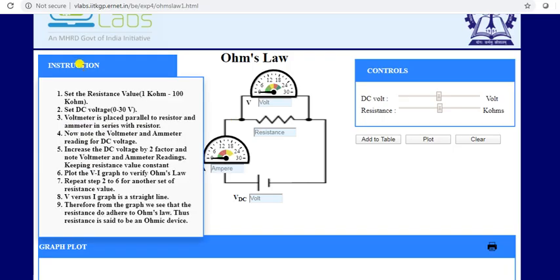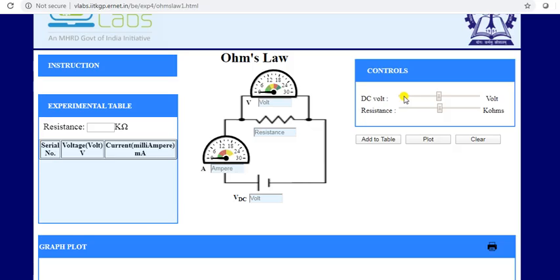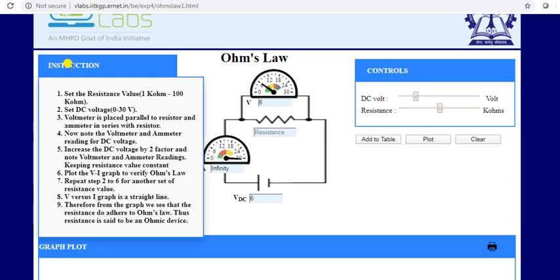Fourth is, now note the voltmeter and ammeter reading for DC voltage. Now we will set the value of DC volt and measure the value of current for a particular value of resistance. Fifth is, change the value of DC voltage and note down the readings of voltmeter and ammeter by keeping the value of resistance as a constant.